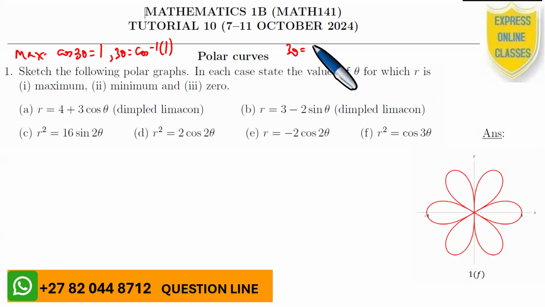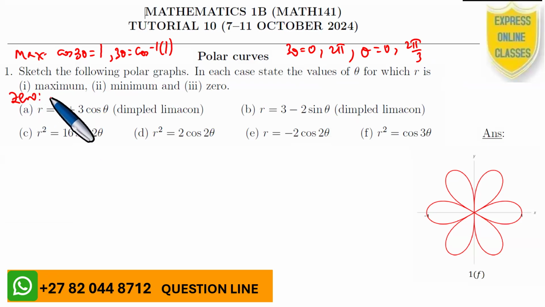The cosine is 1 at 2 possible angles, at 0 and 2 pi, which means that if you divide by 3, you have 0 and 2 pi over 3.